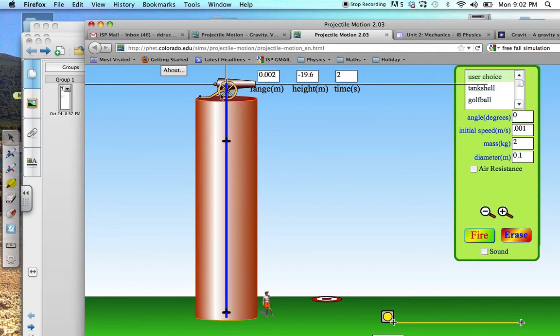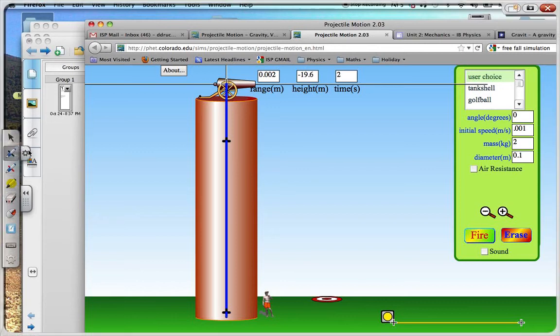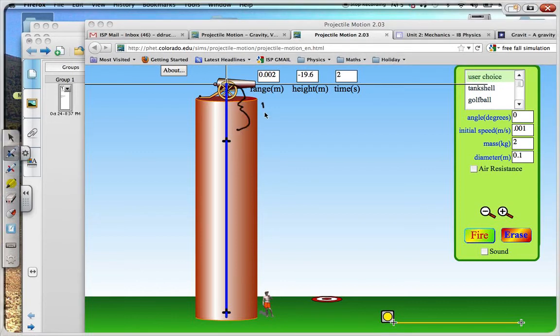Now this distance over here would be in the first second, and this distance over here will be in the second. The velocity here would be about 10 meters per second, and the velocity after the second would be 20 meters per second.